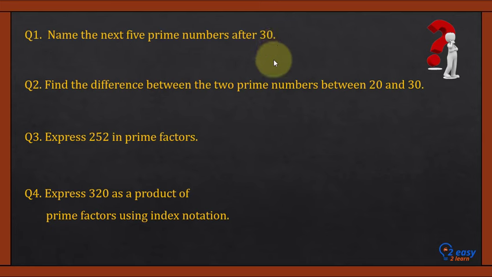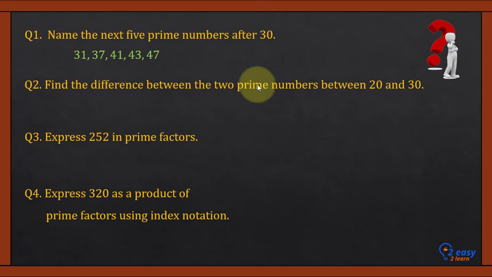If you have memorized prime numbers 1 to 100, then this would be very easy. So the next prime numbers after 30 are 31, 37, 41, 43, 47. They are not divisible by any other number. These numbers are only divisible by 1 and itself.